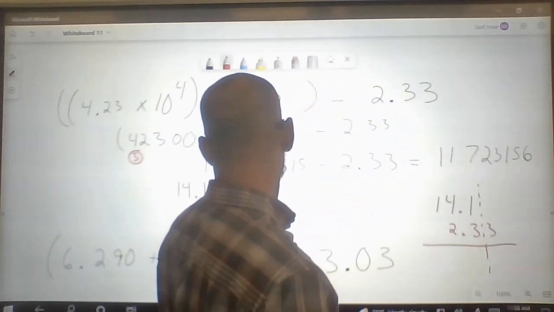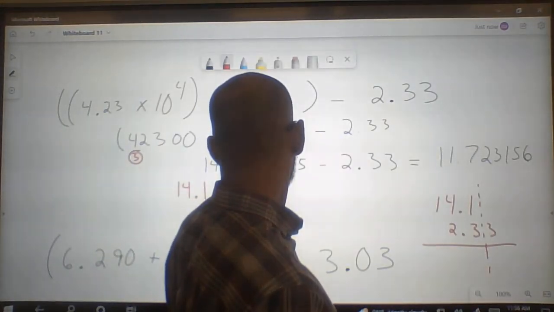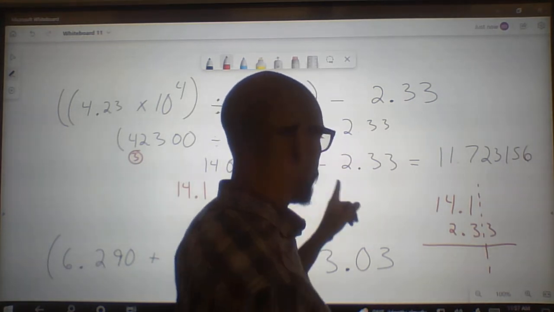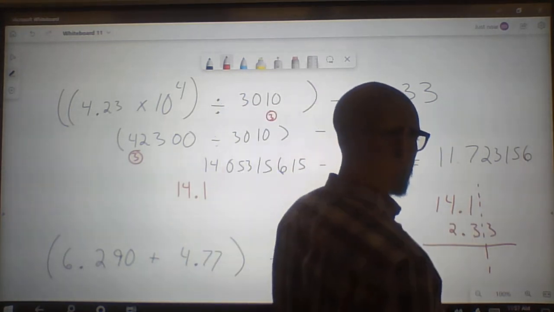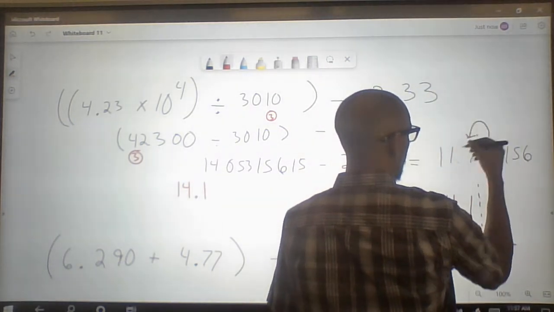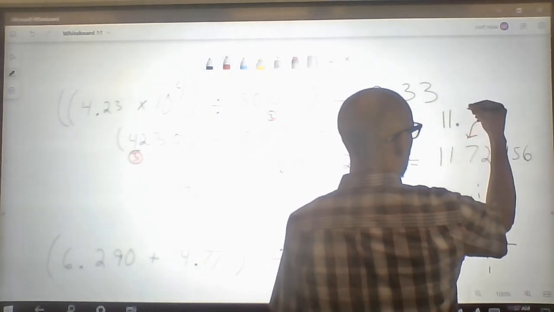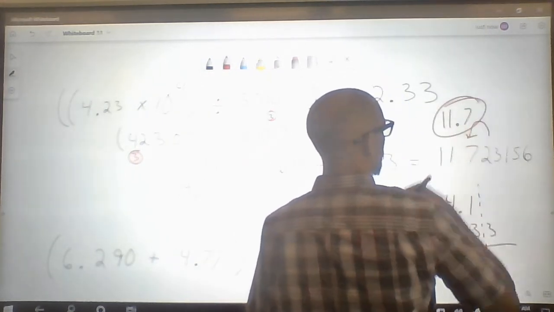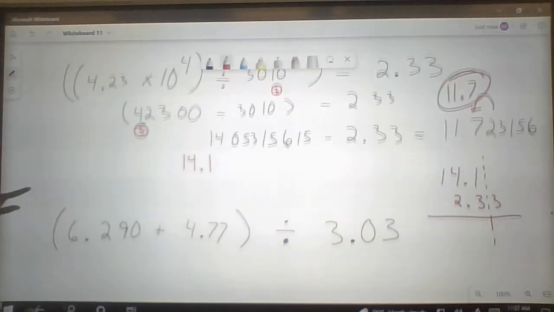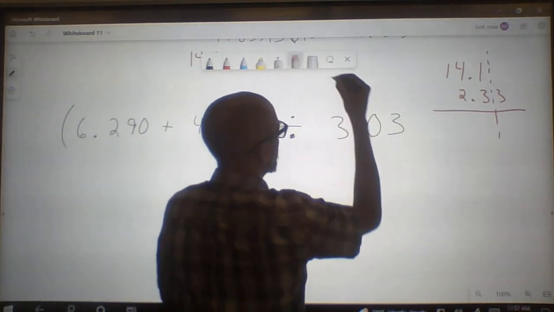And so when we get our value, we're going to go to the 1 spot. So this 2 would tell me that it is going to stay. So my final answer would be 11.7. All right. And then next we'll look at this last one here together.